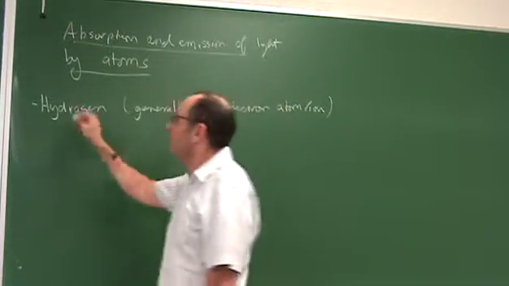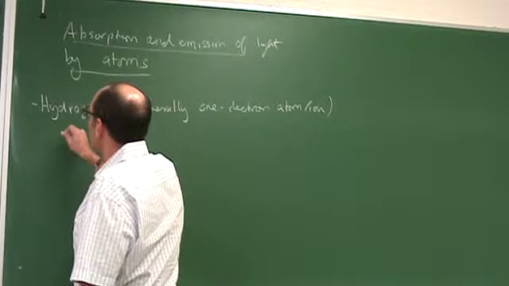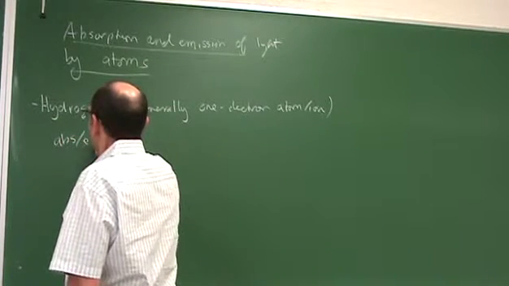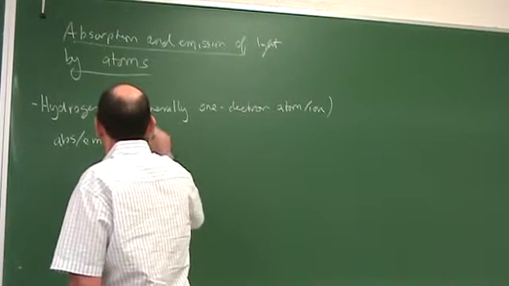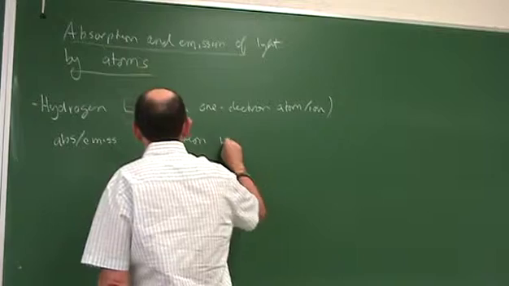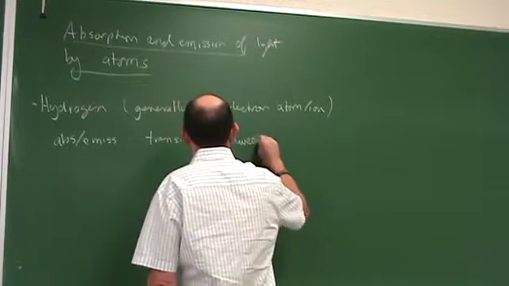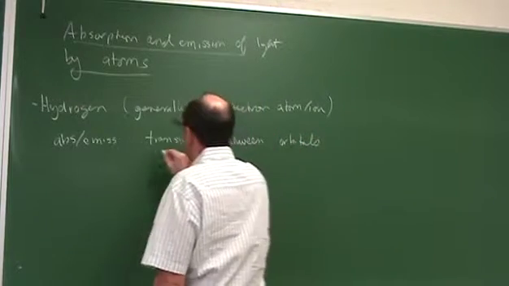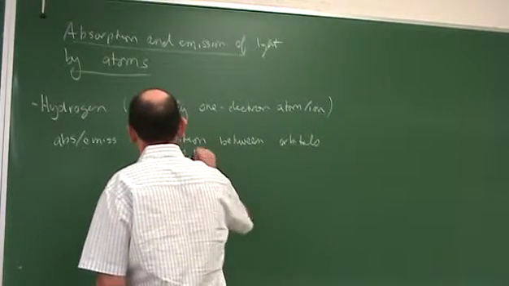So in this case, the description of absorption and emission is the transition between orbitals of that electron.